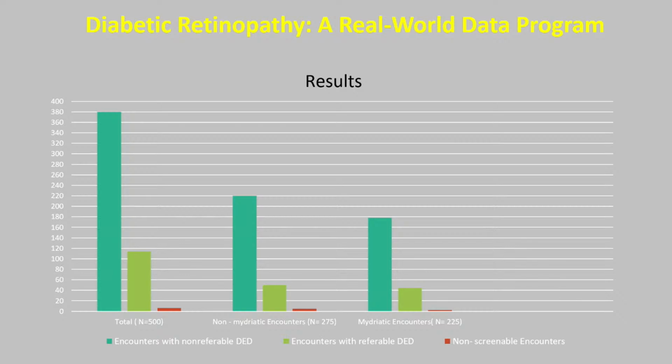You can see here the results regarding the same data you see in the other slides, but in numbers. In the total of 500 cases, we have 275 patients who don't need mydriatic dilatation of the pupil, and with mydriatic, 225.